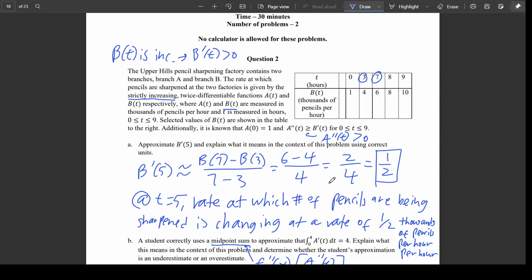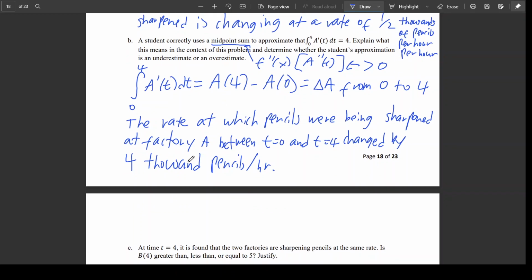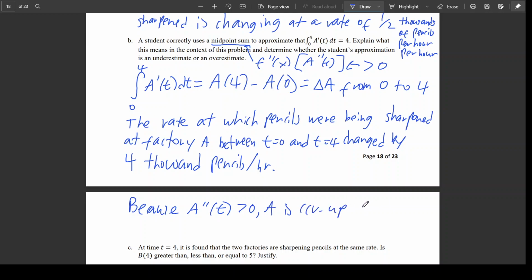So we know that A double prime of t is greater than 0, and so we were looking at A double prime of t, and now we know that it is greater than 0. It's positive, right? So because, I'll do that here, because A double prime of t is greater than 0, A is concave up, and so the approximation is an underestimate.